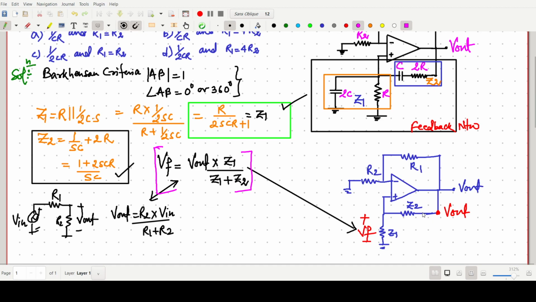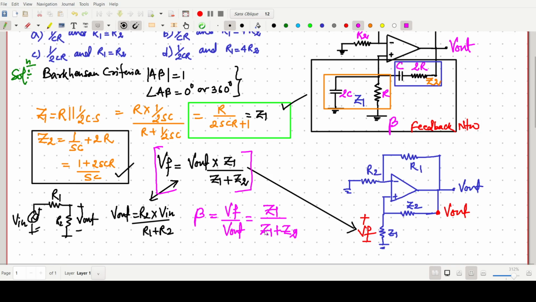Now, the feedback gain of the amplifier is denoted by beta, and is nothing but simply Vf by Vout. I am not going into the theory, but the feedback network has some gain, say beta. So beta is Vf by Vo, which is simply Z1 by Z1 plus Z2 in the denominator.